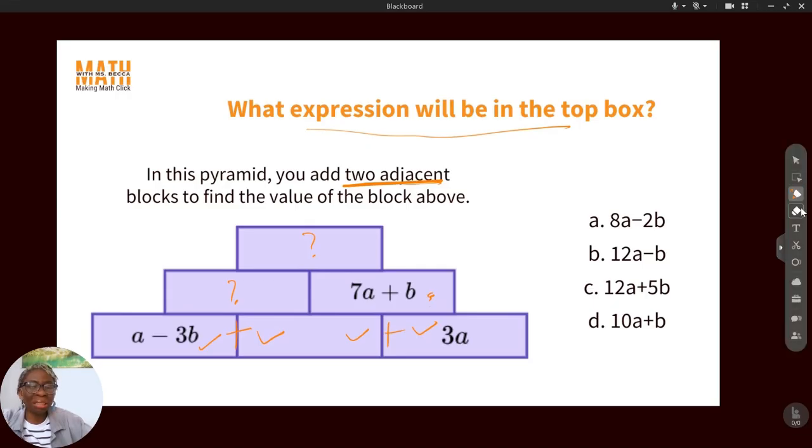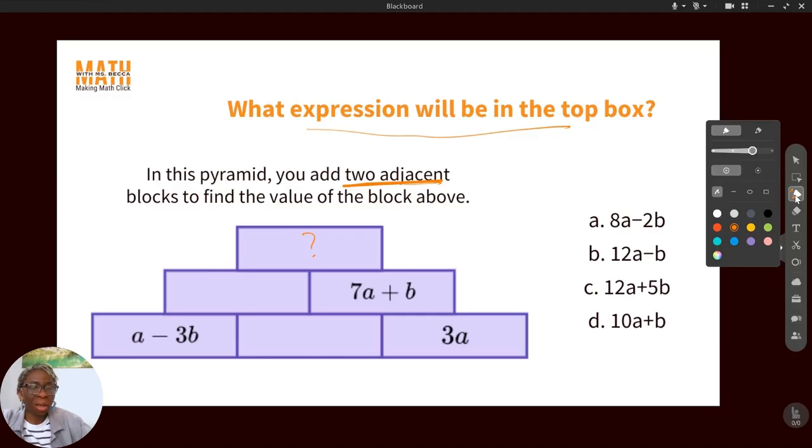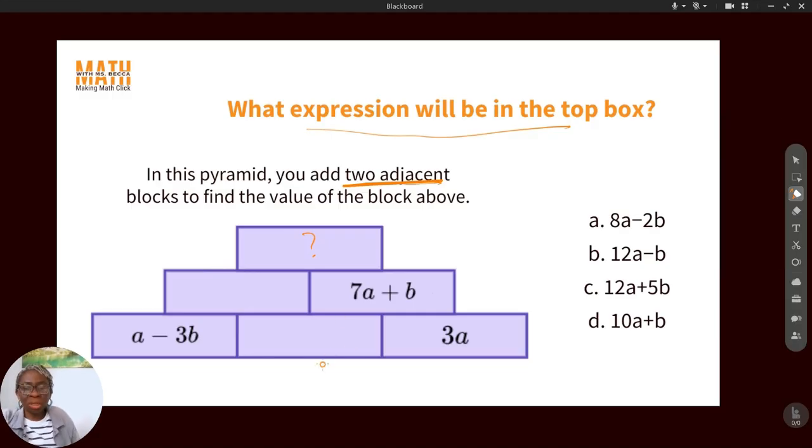So now let's look for the value of the lowest block that is empty. Since we are to add this block and this one to get the value of this, that means we have to subtract.